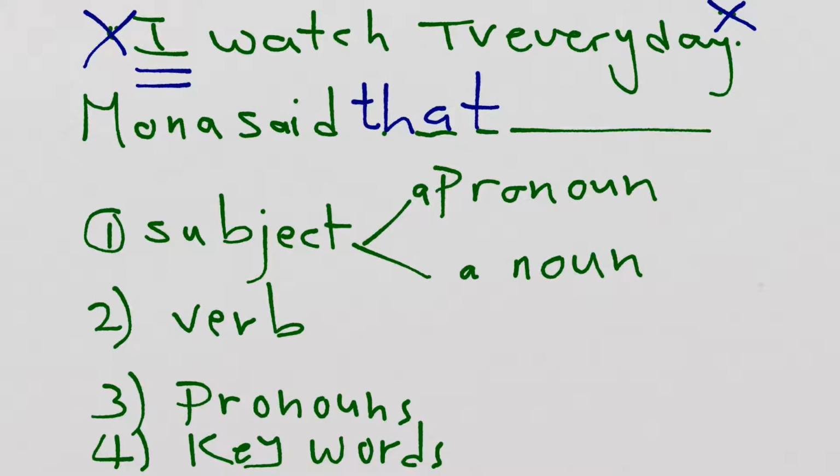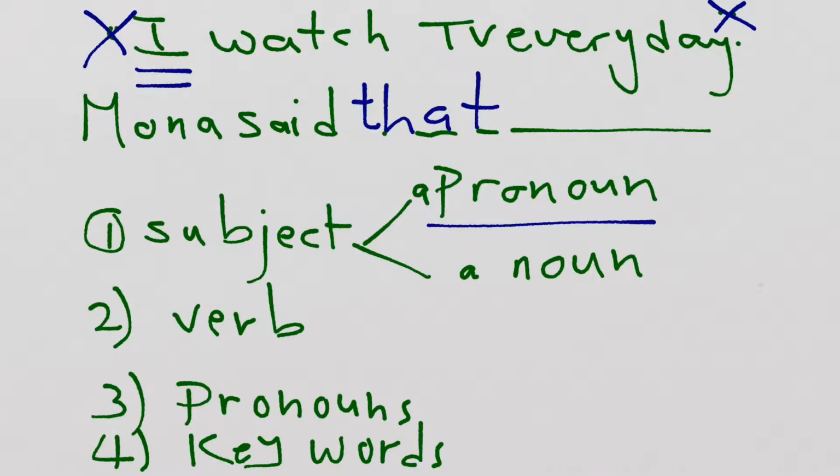And then pay attention to the subject of the sentence. Here we have I, and I is a pronoun. To change into reported speech, we never begin a sentence in the reported speech by saying I. You have to change it into he or she, according to the speaker of the sentence. For example, here we have Mona, she's the speaker, so you're going to change I into she.